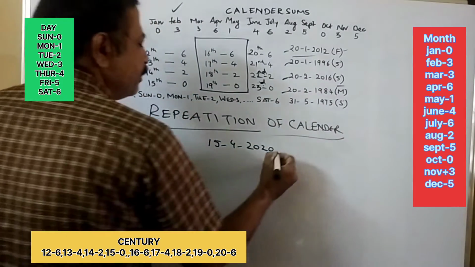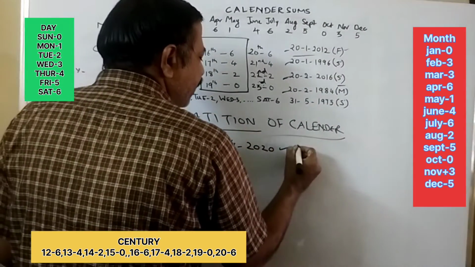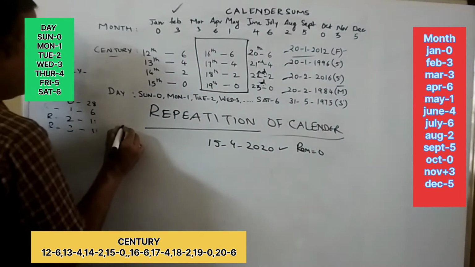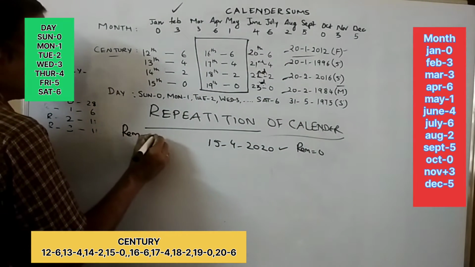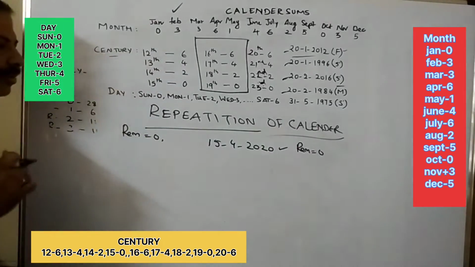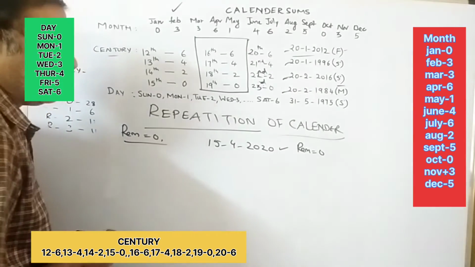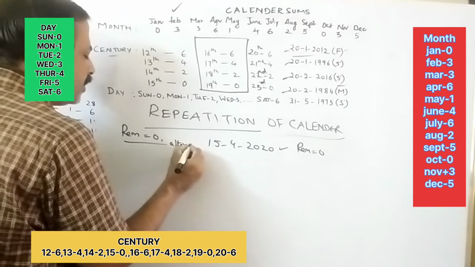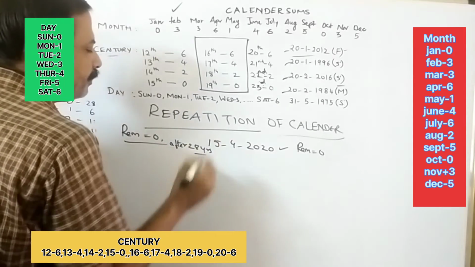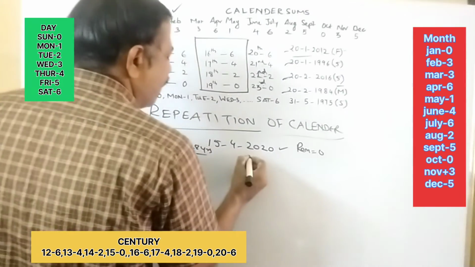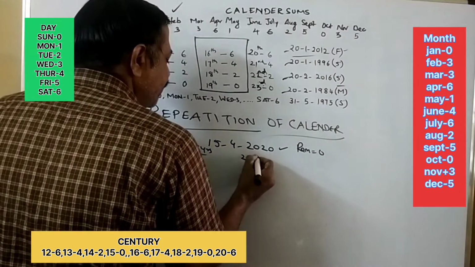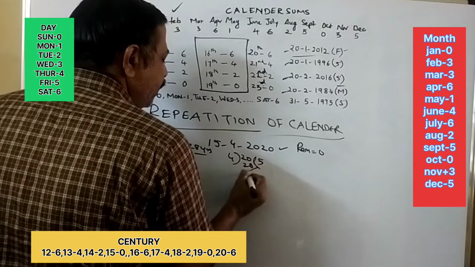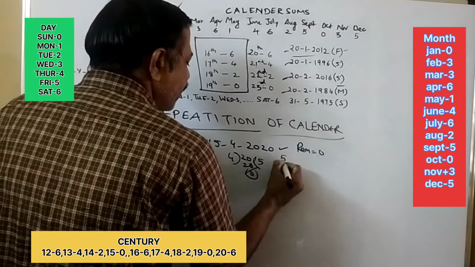After how many years means, dear students, if the remainder is equal to 0, the calendar repeats itself after 28 years. Okay, for example, 20 divided by 4, 4 5s are 20, remainder 0.